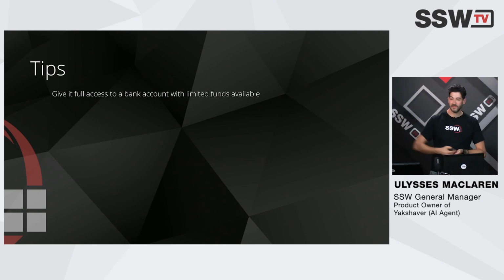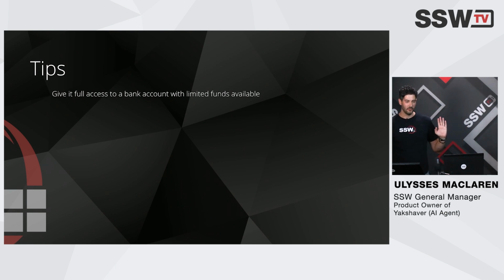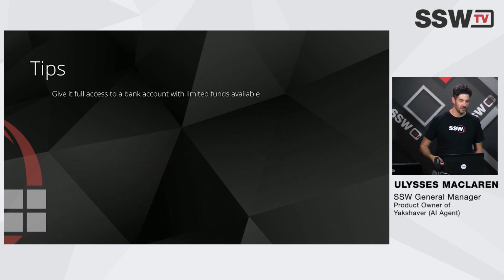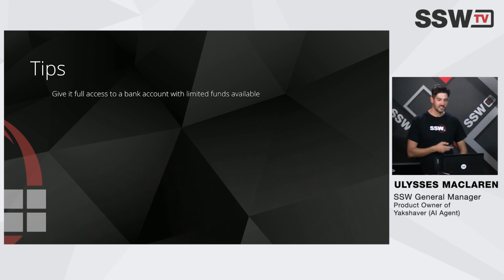So even if it goes off the rails, it's not going to break the bank, and that way you can actually let it have full action, actually do something, be useful, because by default, if you open up an incognito browser, it doesn't have any of your cookies and it doesn't have any of your standard logins and stuff. It's a pain in the ass. Well, that's basically the situation this has. So you have to give it all the stuff that would normally be in your cookies and your password managers and all that kind of stuff if you want it to be useful.